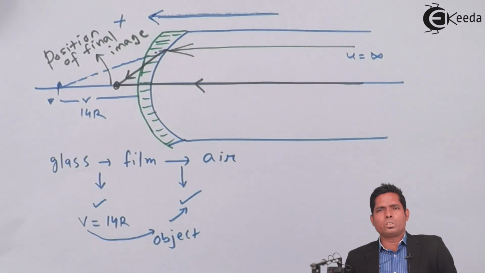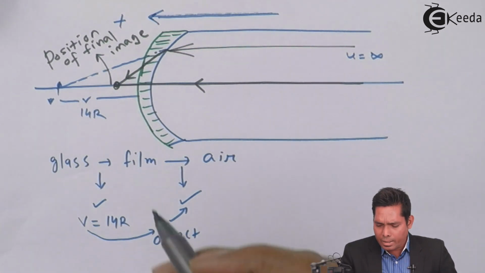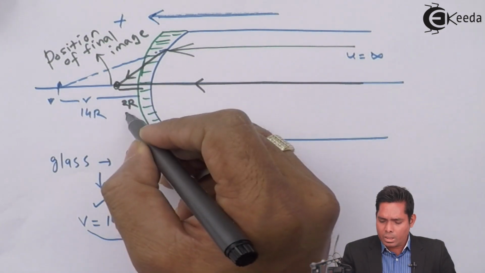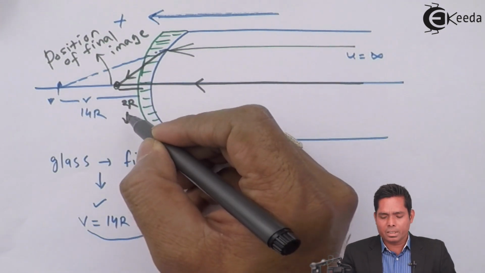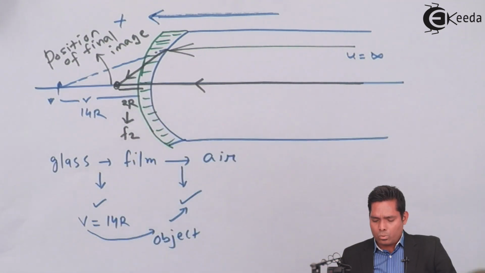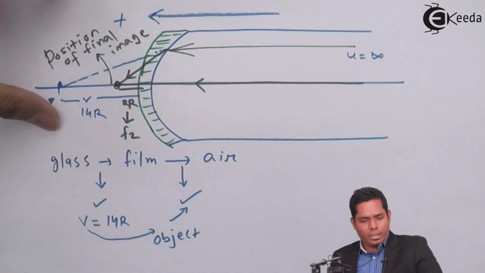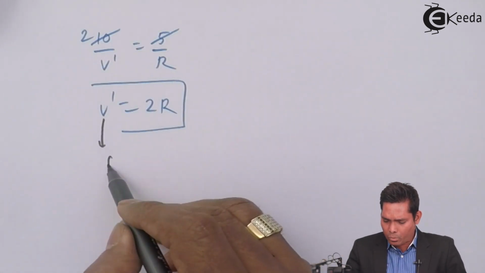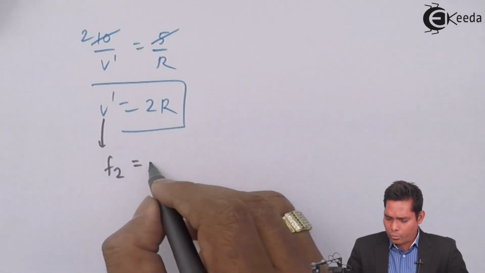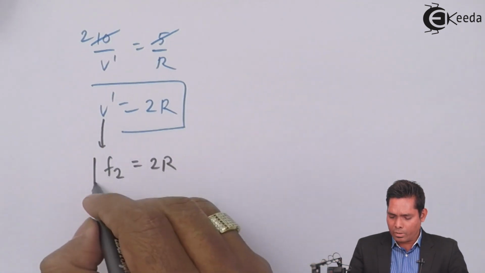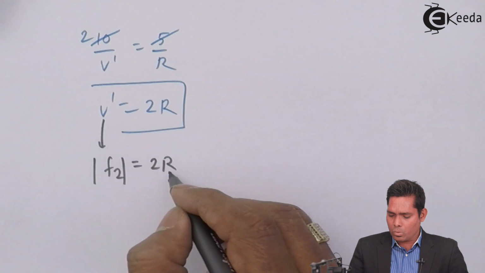This distance comes out to be 2r, and in the question paper it is given that this final distance is f2. So this f2 is 2r, and it is positive. Even if I take the magnitude, it will remain 2r.